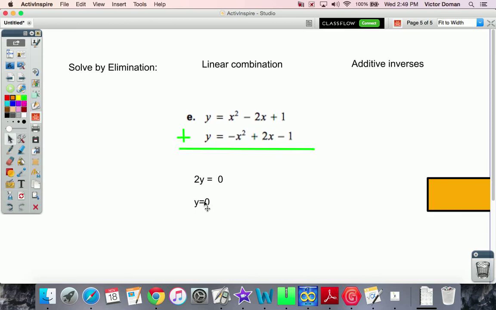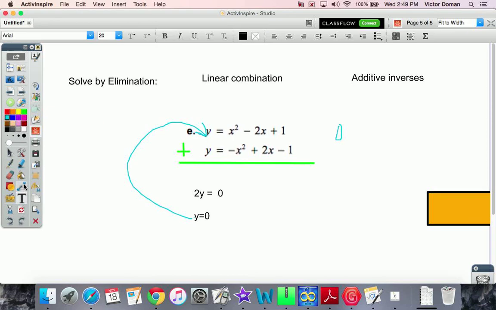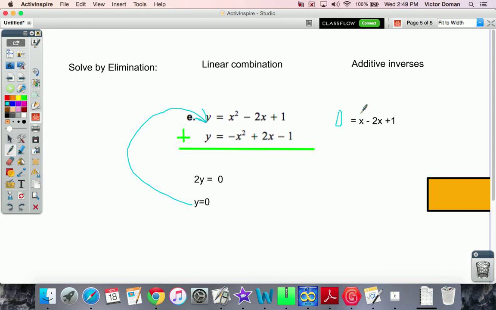Now that I know my value for y, I can substitute that back into either or both of my equations. I can rewrite this as 0 equals x squared minus 2x plus 1, and then I could solve that however I want.